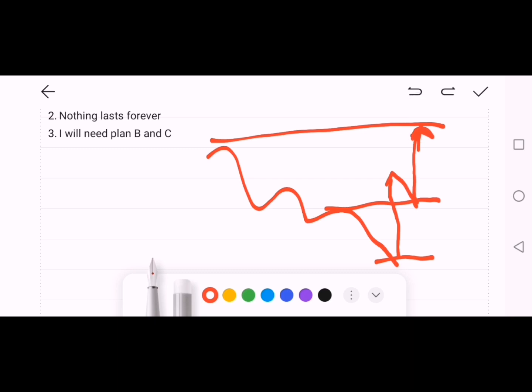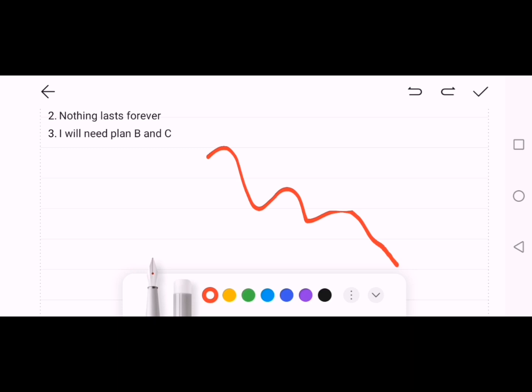Then it helps if you have more than one way to enter into a trade. It helps if you have more than one way to understand if the market is bullish or bearish. It helps if you have more than one way to place your stop loss.